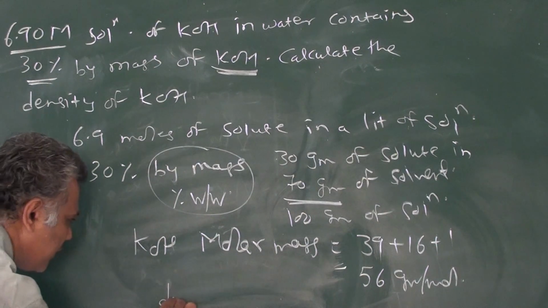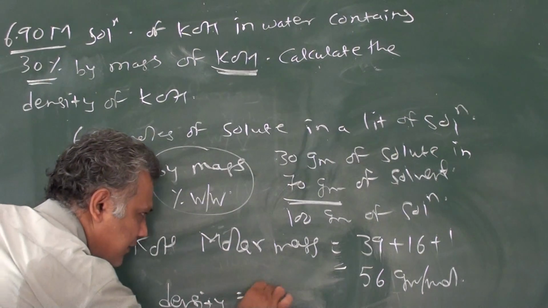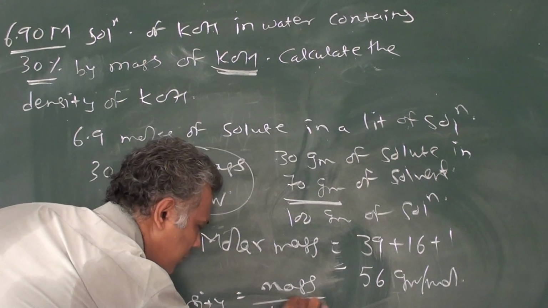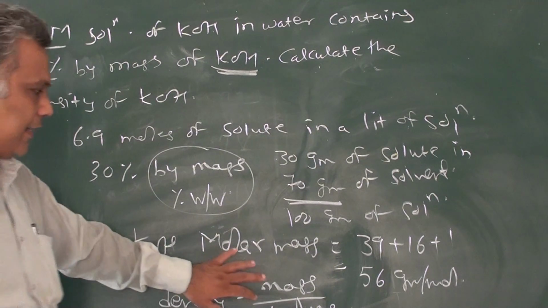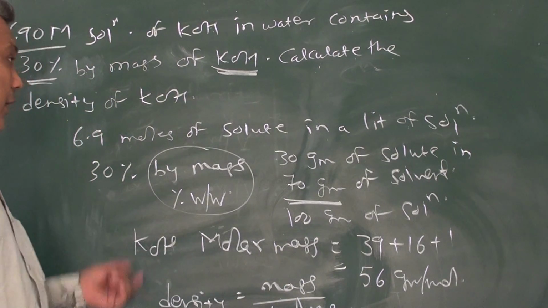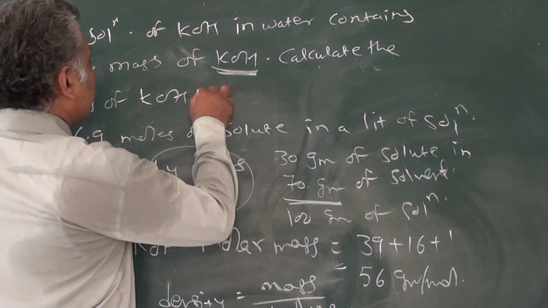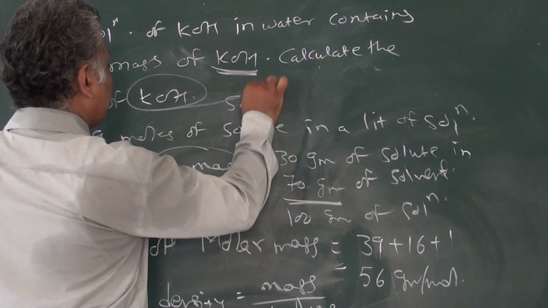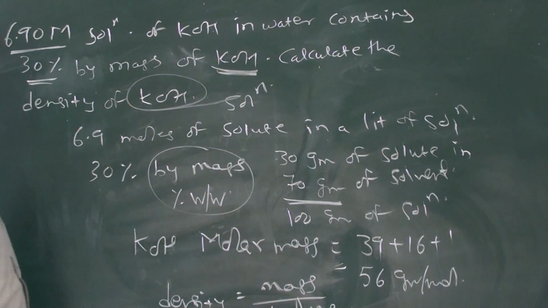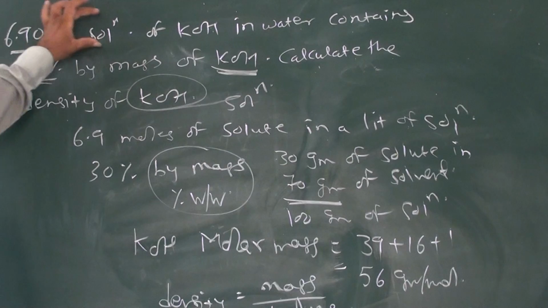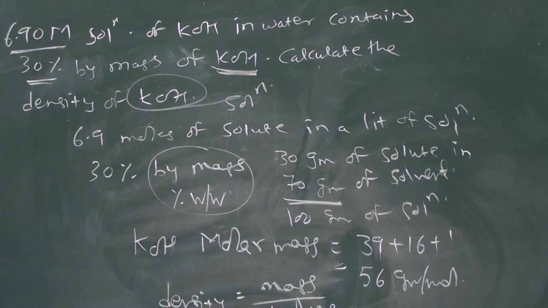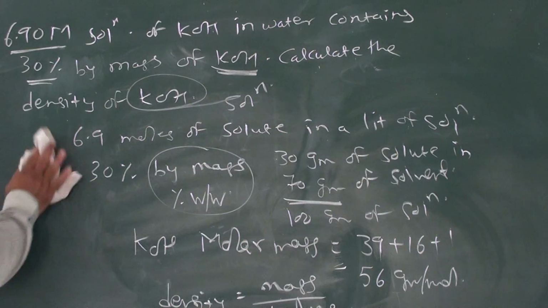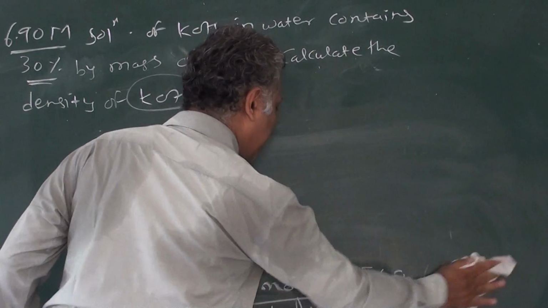And we want to calculate density. Density is equal to mass by volume. We want to calculate density, that is mass by volume, and we want to calculate it for the KOH solution. Okay. So in this case, a 6.9 molar solution and this much by mass, two factors are given to me. How to go for the calculation of it? So, one by one, we will now try to find out.